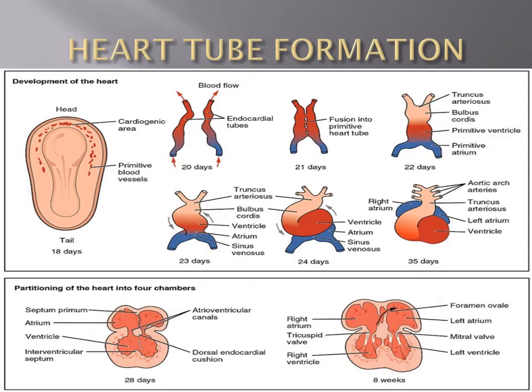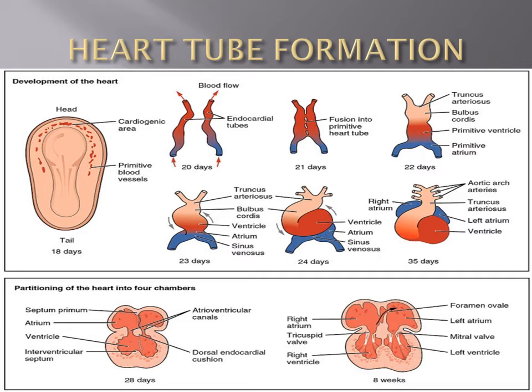As I said, for the formation of the primary heart tube, cells from each side migrate together. As they migrate, they form tube-like structures, which are called the heart tubes, along with the development of the heart. And then this area will be restricted into three areas: the truncus arteriosus, the bulbus cordis, and the primitive sinus venosus.